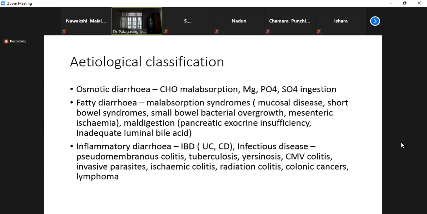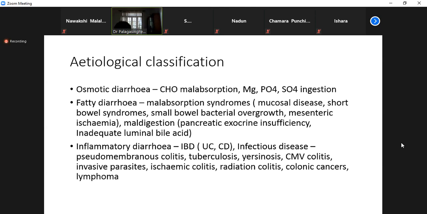So if somebody comes to you complaining of large volume watery diarrhea that usually settles when the patient is fasting, that indicates an underlying osmotic barrier. Then, depending on the subsequent history, the physical examination and maybe some investigations, you have to decide what the cause of this osmotic diarrhea is.